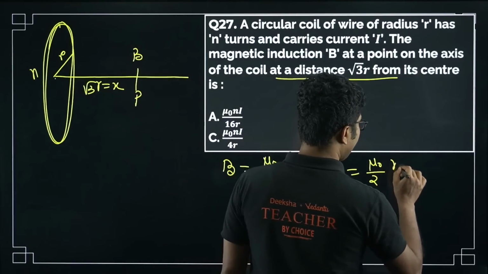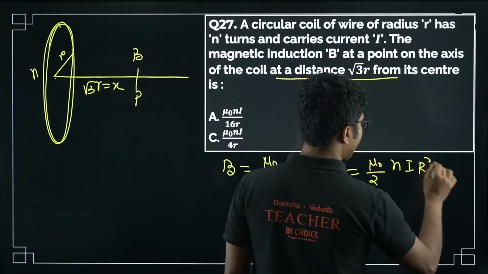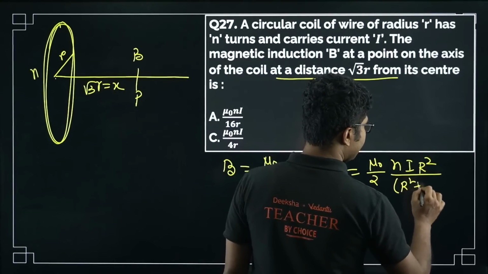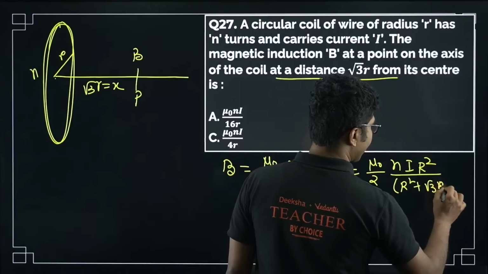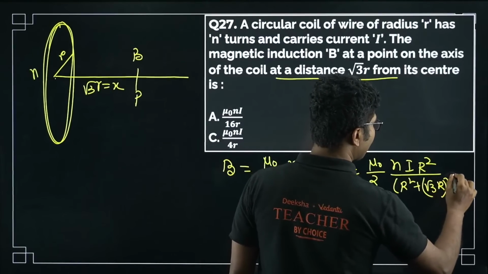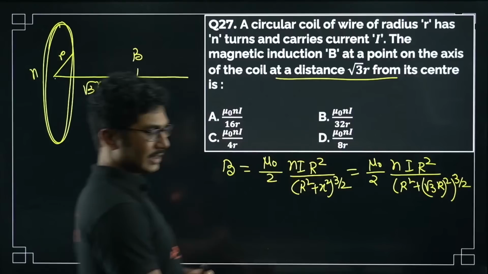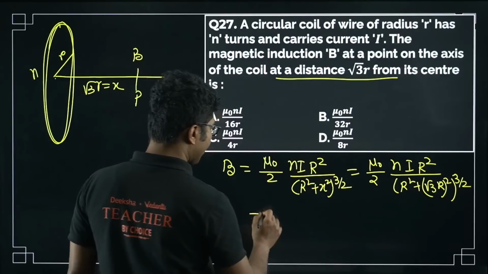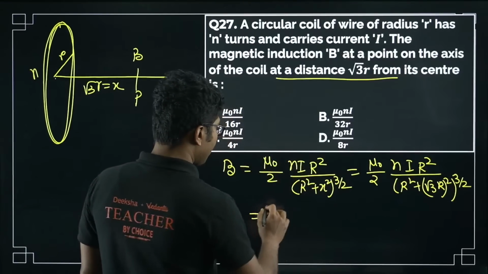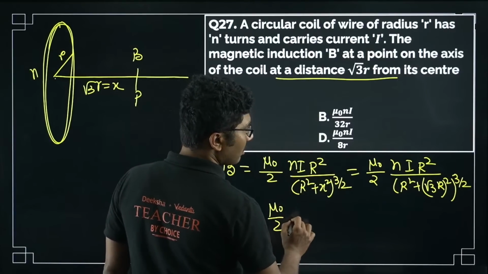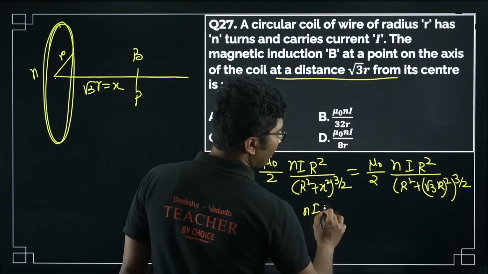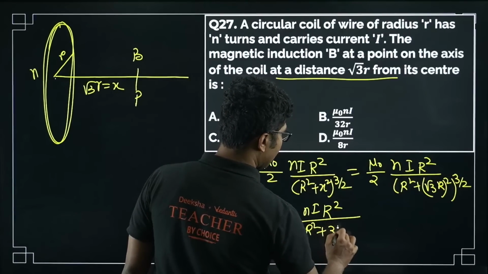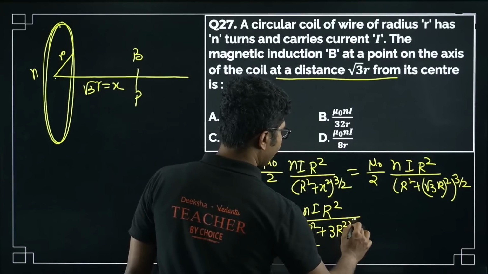Now n I r square divided by r square plus √3r square. I am using capital R only because the formula that I am familiar with uses capital R. Anyway, you can use small r. If you are using small r, you can use it everywhere. Now it will be mu naught by 2 n I r square divided by r square plus 3r square to the power 3 by 2.